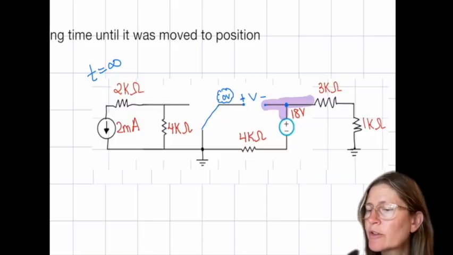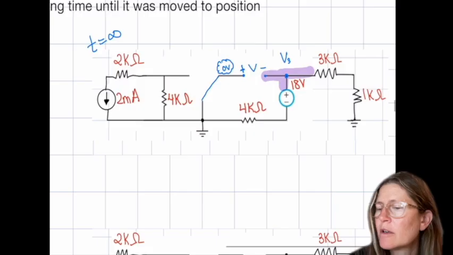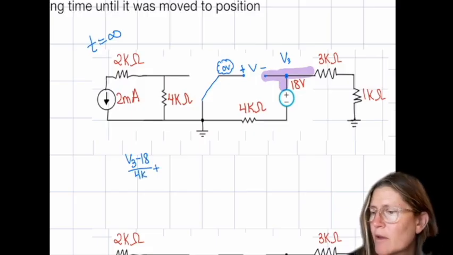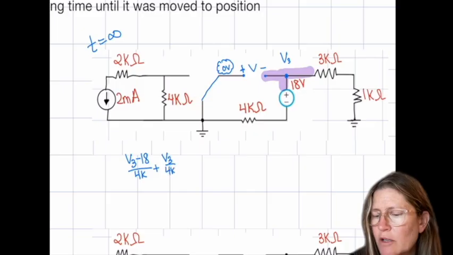And so I'll just call this V3. So we have (V3 minus 18) over 4K plus V3 over 4K equals 0.